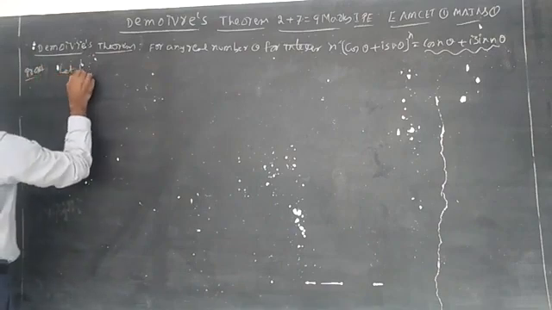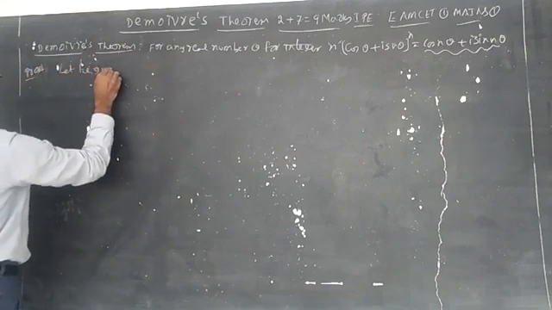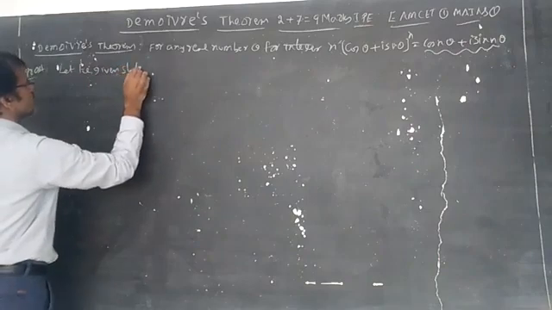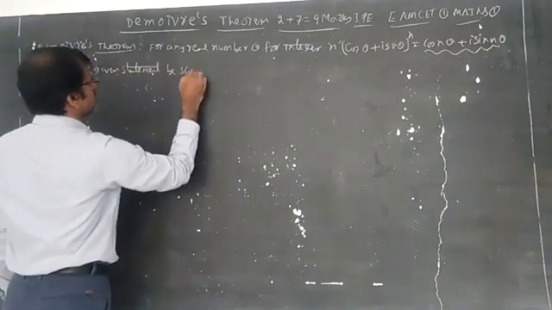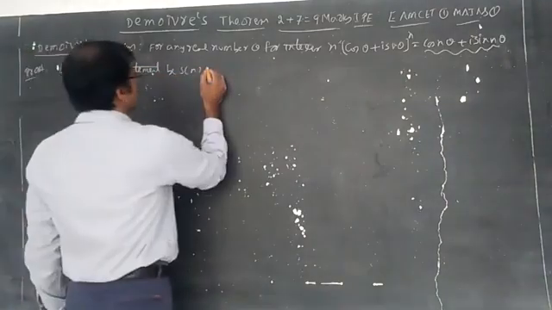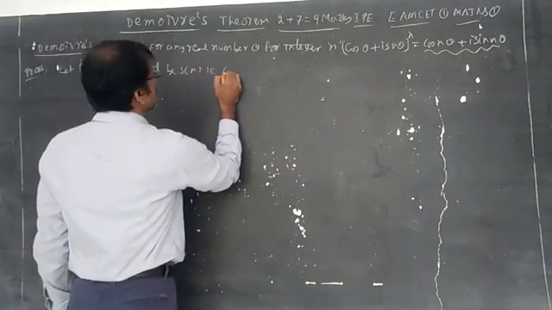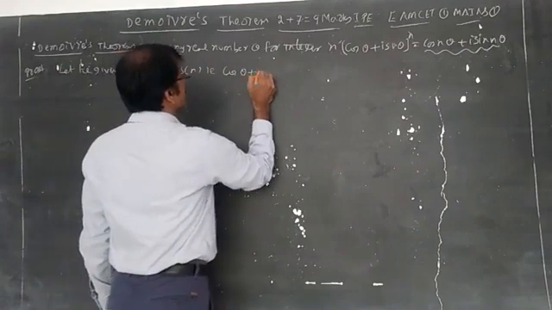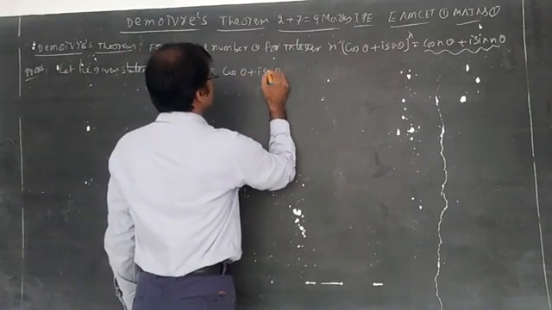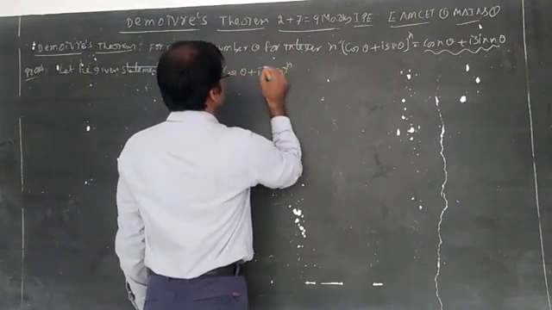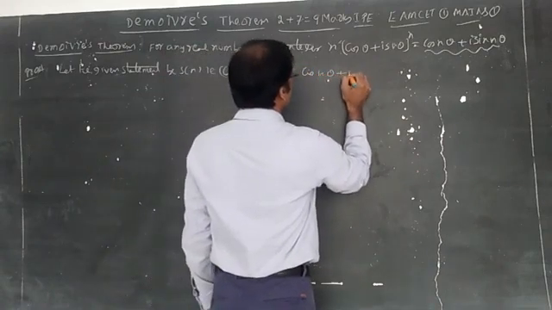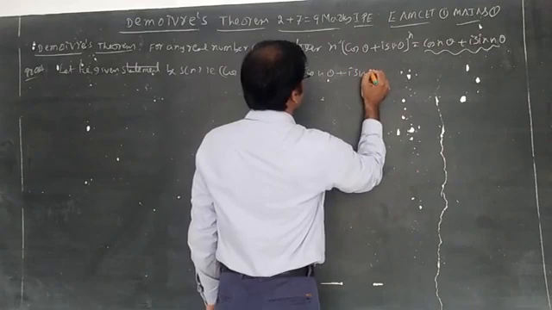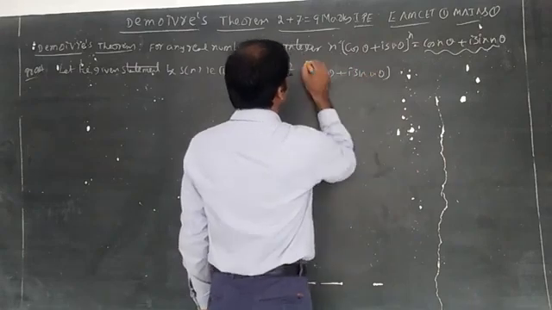Let the given statement be Sn. That is, the statement is (cos theta plus i sin theta)^n is equal to cos n theta plus i sin n theta.